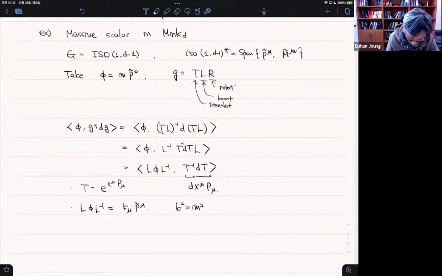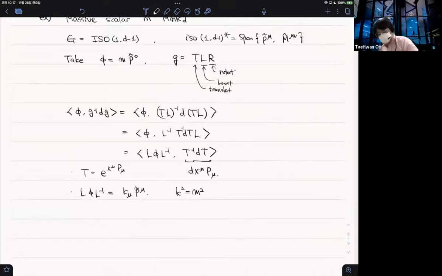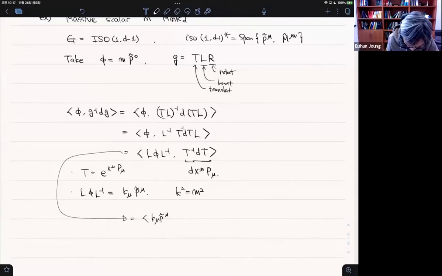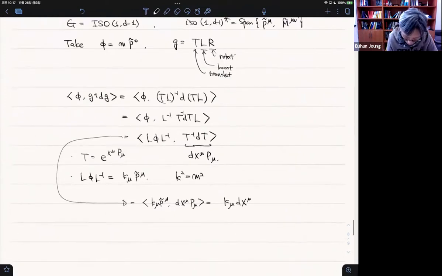Okay. So in this way, we can eventually get K mu, P mu, and then T X mu, P mu. So clearly what we get will be K mu, T X mu. But because we have these conditions, we can simply solve the K0 part, which is plus minus square root K square plus M square.